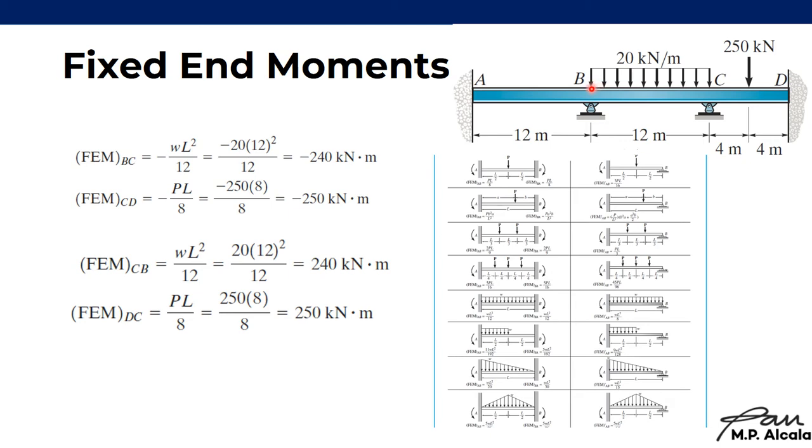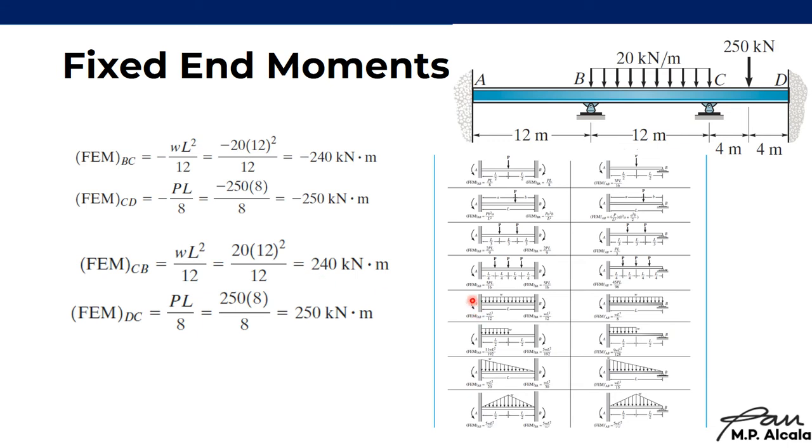So the first letter will give you the clockwise direction. So in this case, FEMCB will give us the opposite. Okay? Positive 240 kilonewton meter.